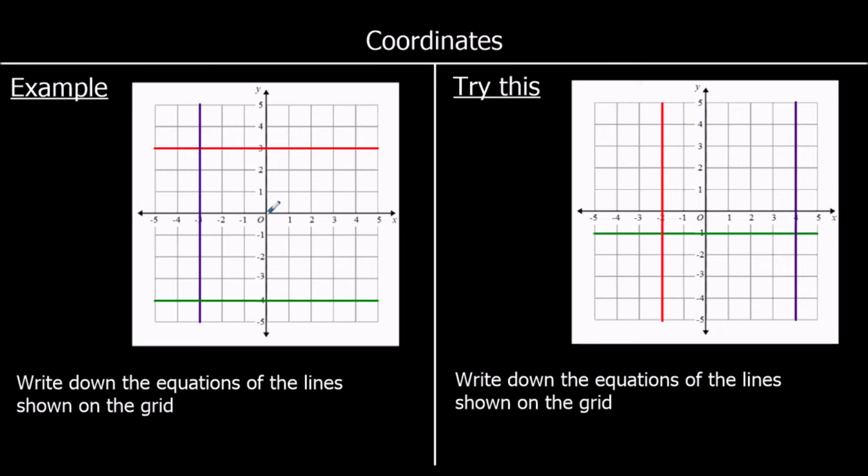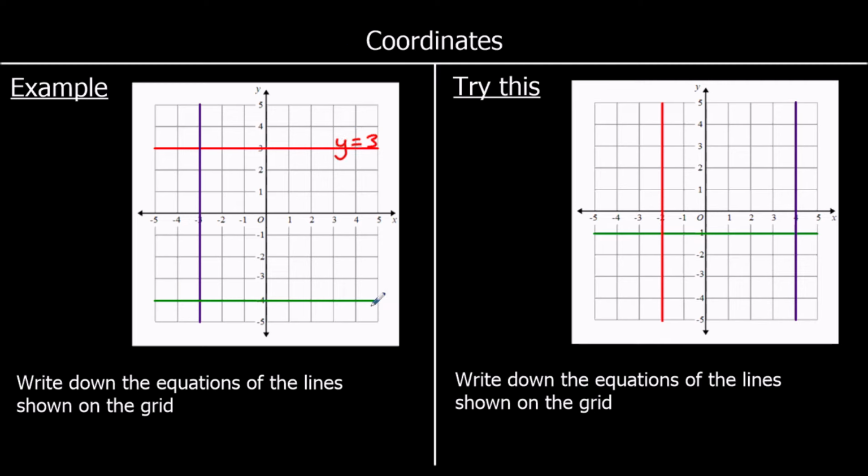We've got (0, 3), (1, 3), (2, 3), (3, 3), (4, 3), (5, 3), and so on. What do all of these points have in common? They have a y coordinate of 3. And we call this line y = 3. It's all of the points where y is equal to 3.